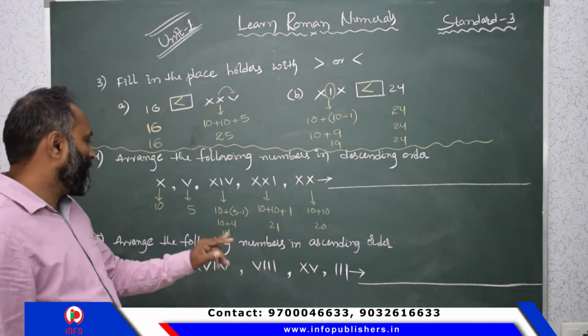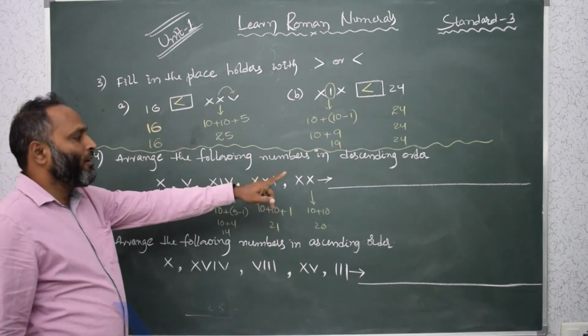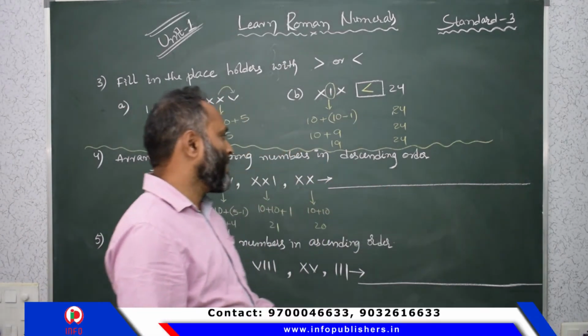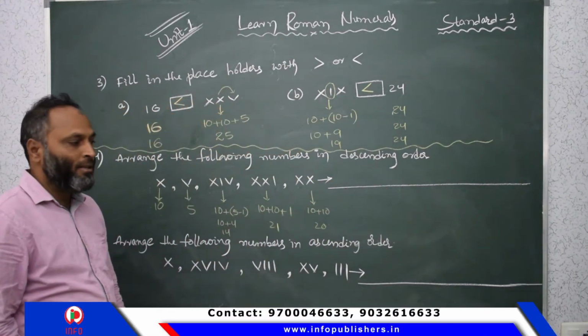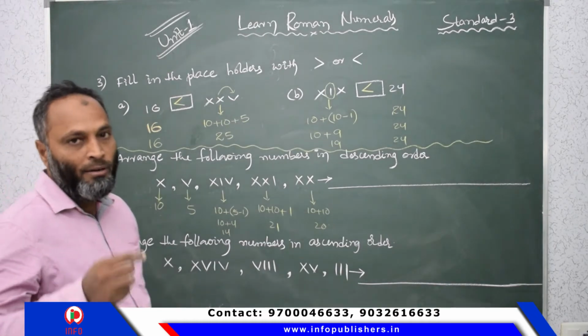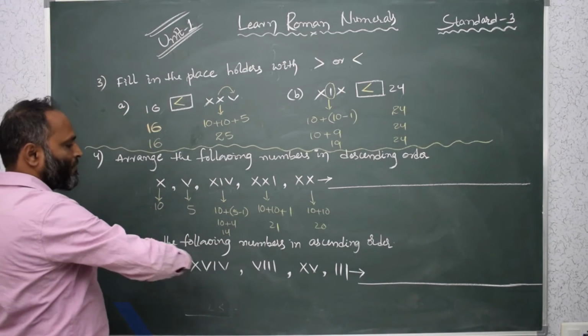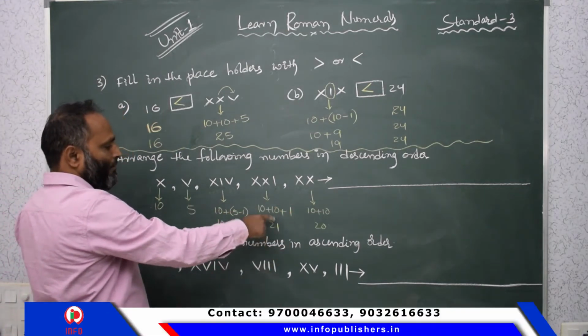In this, descending order means decreasing order. Decreasing means from bigger to smaller. So in all this, which one is bigger? 21 is bigger.